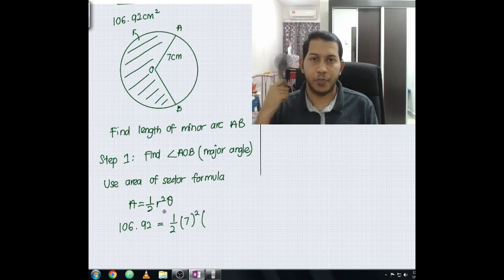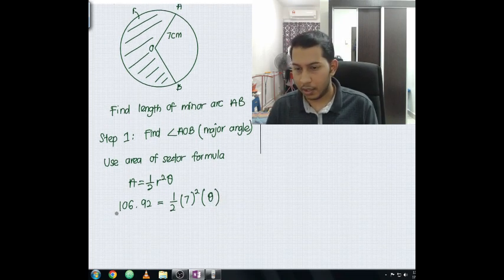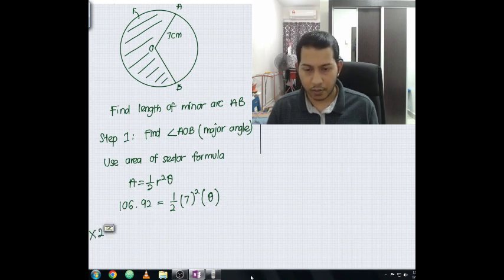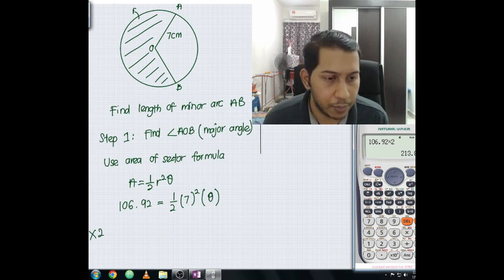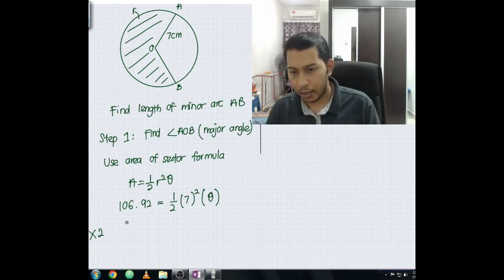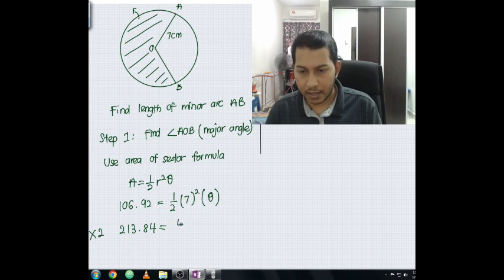And then the theta, do we know the theta? Do we know the major angle? We don't know yet, so we just leave it as theta. You times the equation by 2 on both sides. 106.92 times 2, you get 213.84. 213.84 is equal to, 7 square is 49.